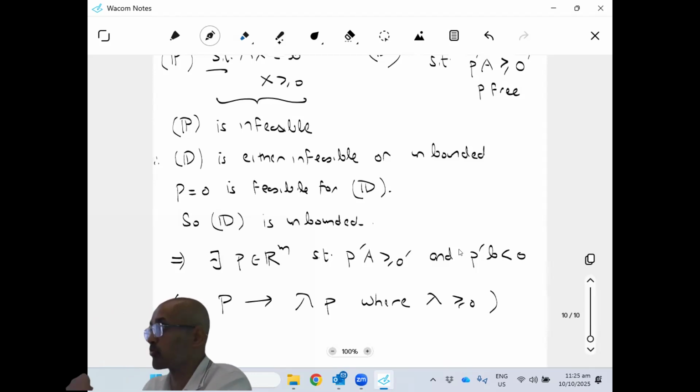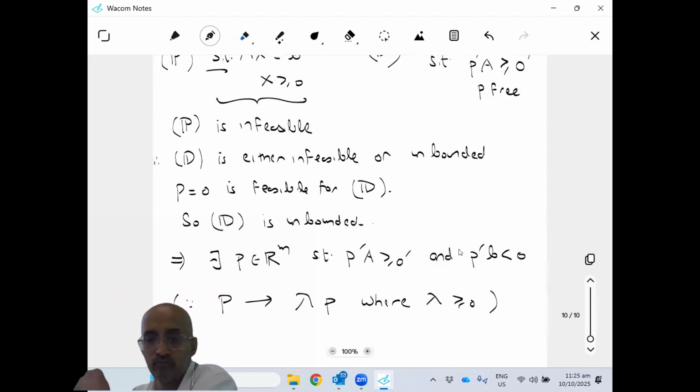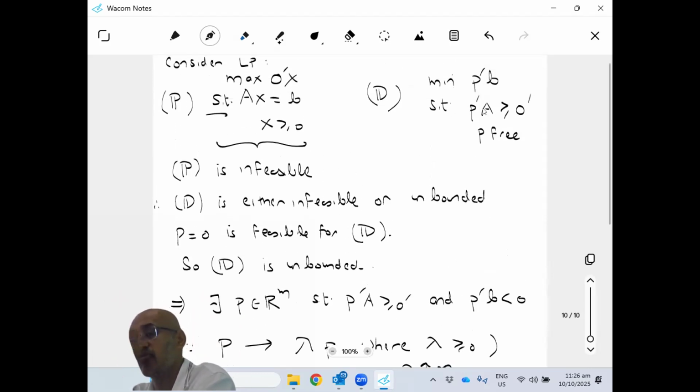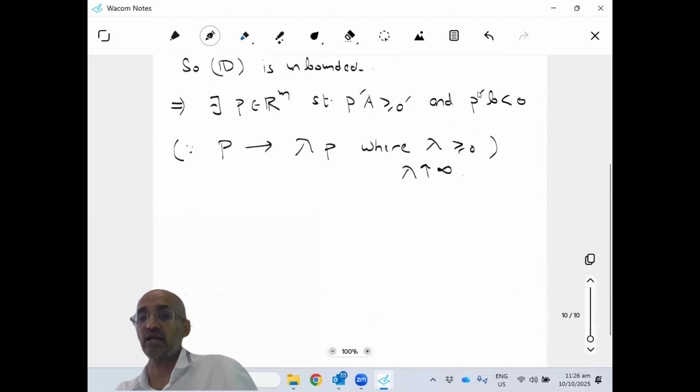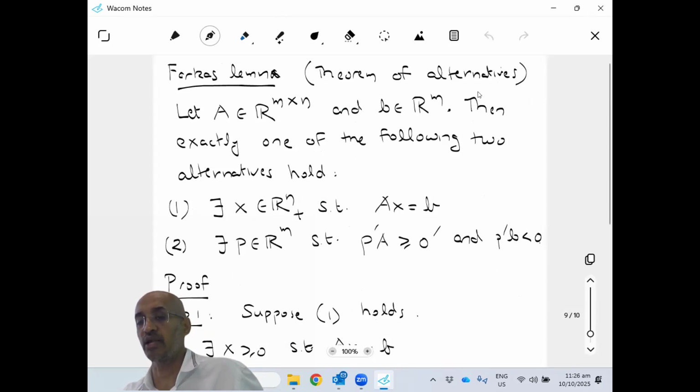And lambda times P transpose B will keep on pushing the objective down as I push lambda up to infinity. As long as you can find a P which is feasible and the objective function is decreasing in that direction, you're done. But this is exactly what it means for two to hold. So one does not hold, but then two holds.